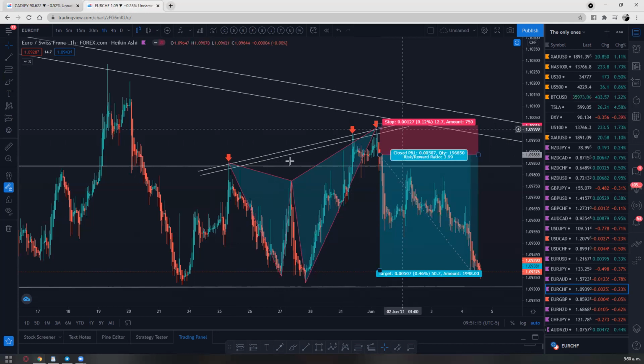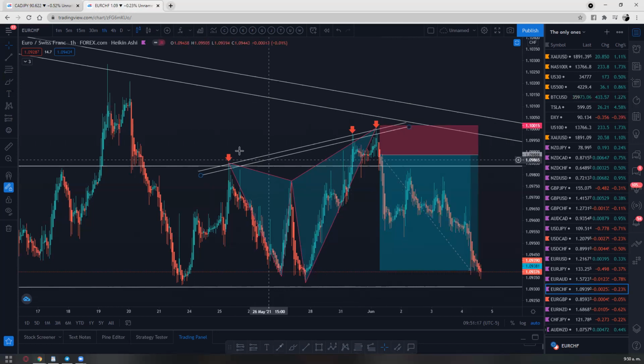And if you happen to find a very nice structure and you see at least 3 touches, then you go with it. If you don't see something nice with 3 touches on a small roof or resistance or a support, don't enter. Okay, don't enter. That's my rule, and I'm giving you this tip so you can apply this rule as well.